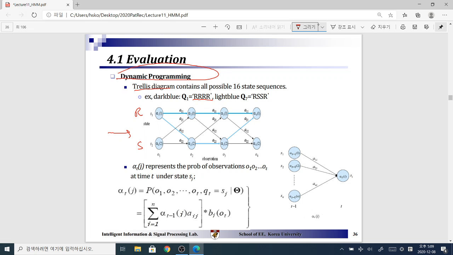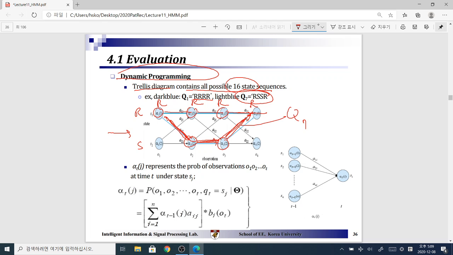And so this trellis diagram expresses all 16 possible state sequences. Once again, we could have rain, rain, rain, and rain. If you go through this path, this means that you have rain, rain, rain. You can also have, let's say, Q7 going rain, sunny, sunny, and rain. So this particular path here would reflect that of Q7.